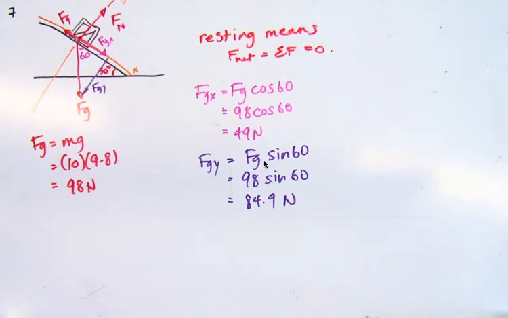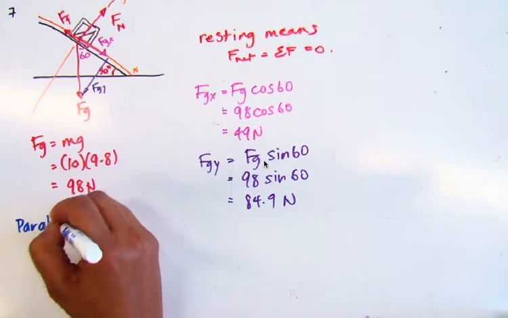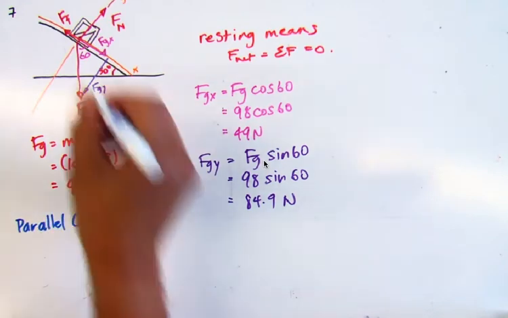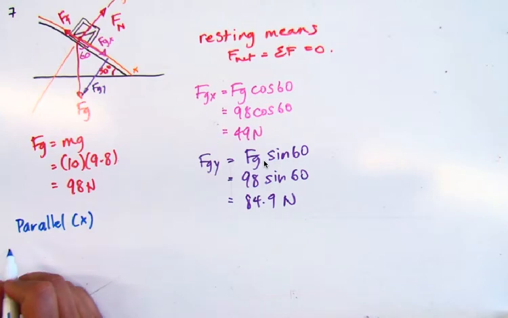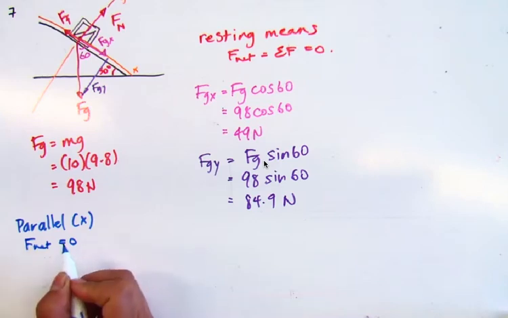Now, to do what the question is asking, we have to find the net force. We need to know what the force of friction is, and we need to know what the normal force is. So we're going to analyze this in the parallel and the perpendicular. In this case, parallel means in the x direction, parallel to the slope. And when I look parallel to the slope, I know that F net equals 0, right? Because it's resting.